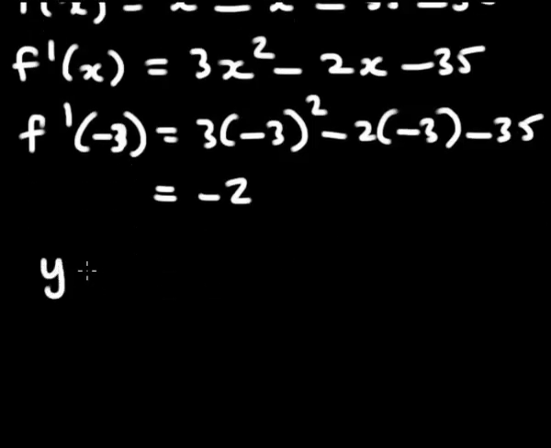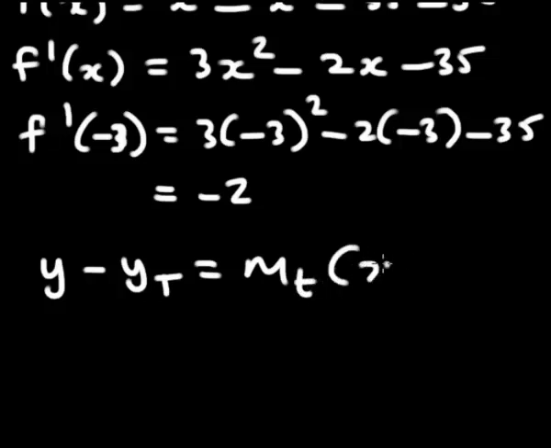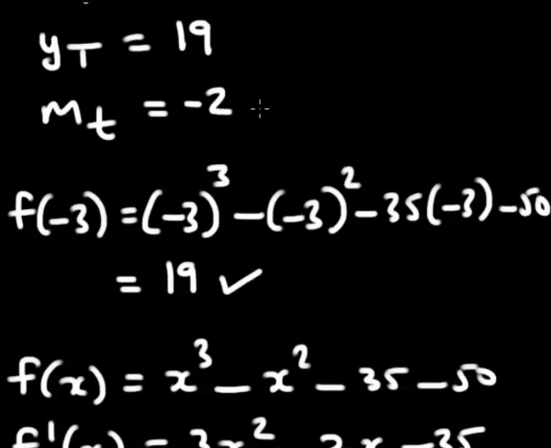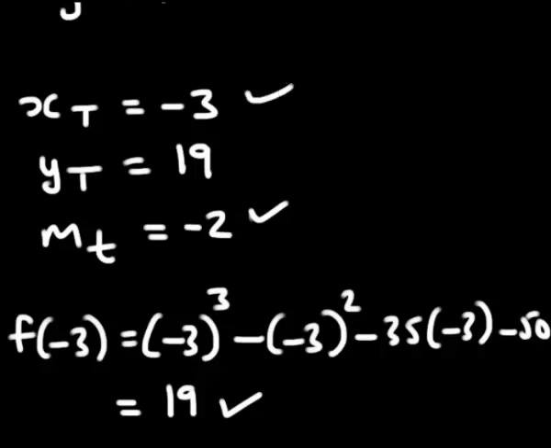Then we can say y minus the y of the point of tangent C equals the gradient of tangent C times x minus xt. So y minus the y value, which is 19. Let's just check there quickly. 19, good. We've got the gradient is -2 and the x is -3.